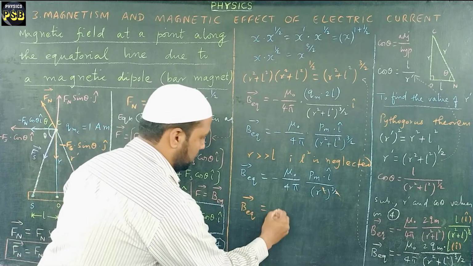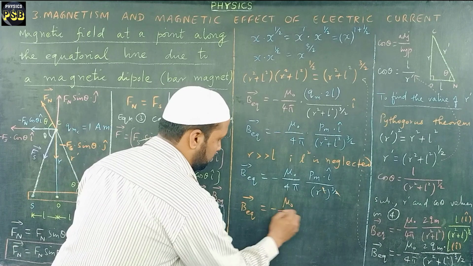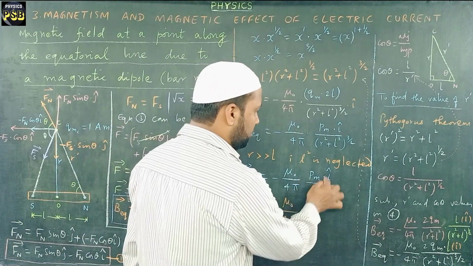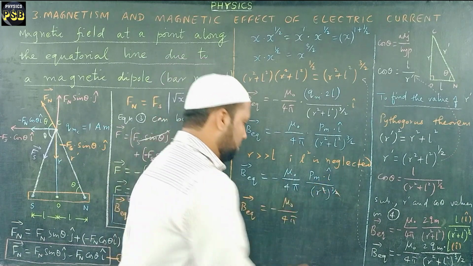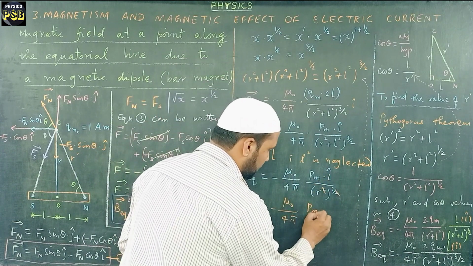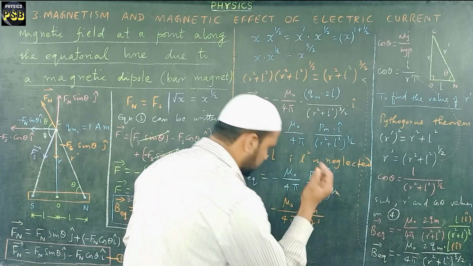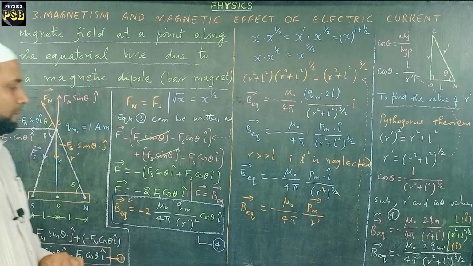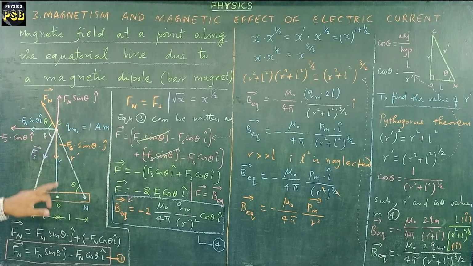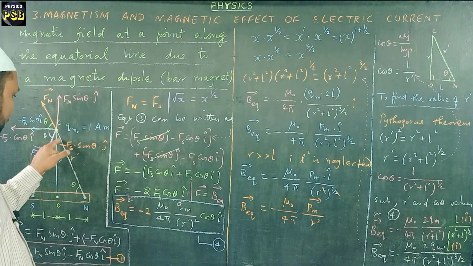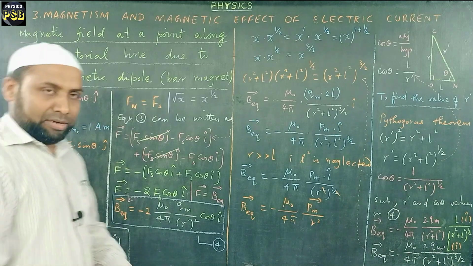B EQ vector equals minus mu naught upon 4 pi. Here when PM is multiplied with the I cap, we get a PM vector divided by R cube. This is the final expression that gives us the magnetic field at point C due to a bar magnet, the magnetic field at a point along the equatorial line due to a bar magnet.